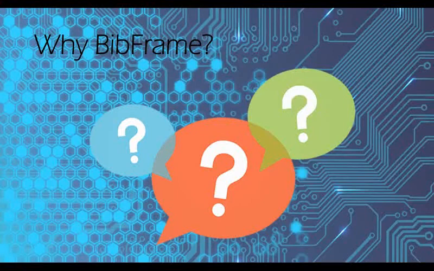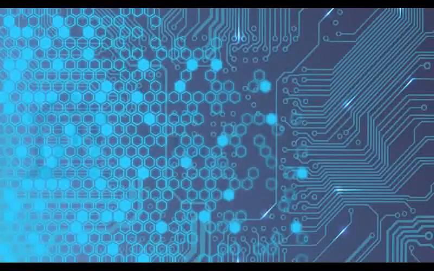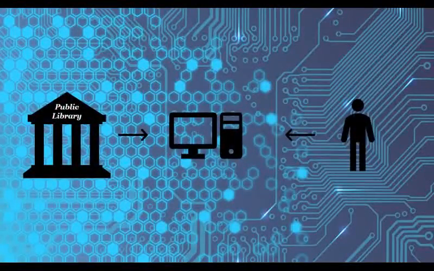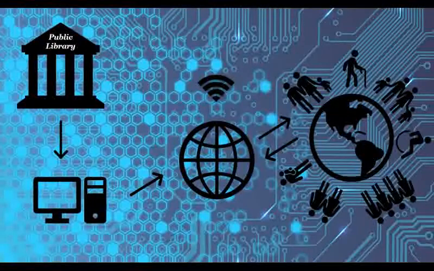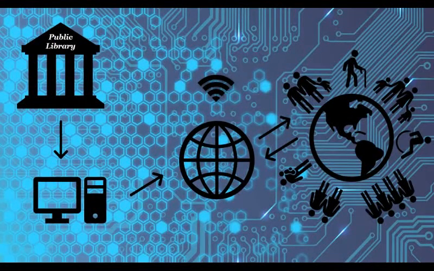So why exactly should we replace MARC? And why should we use BibFrame? Today, MARC allows users to find resources they are interested in throughout the library systems. Though this is useful, BibFrame can lead to so much more. BibFrame can allow patrons access to our system and easily allow for the linking of data into the web.